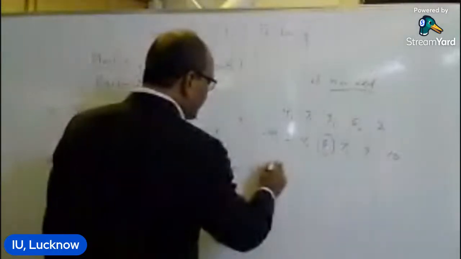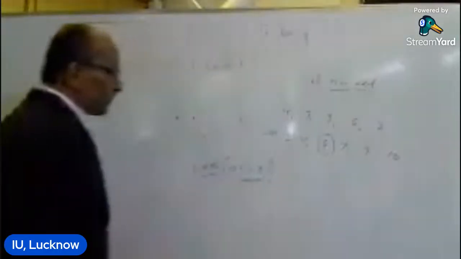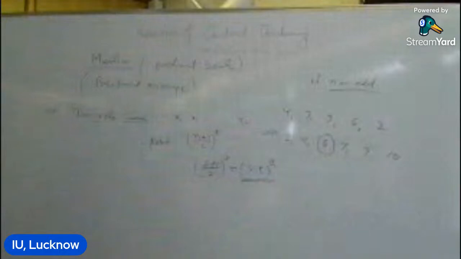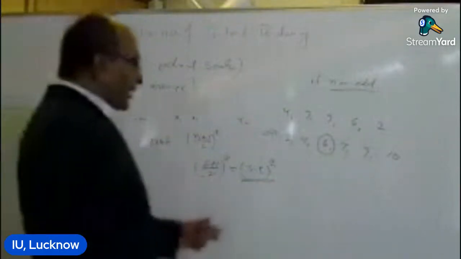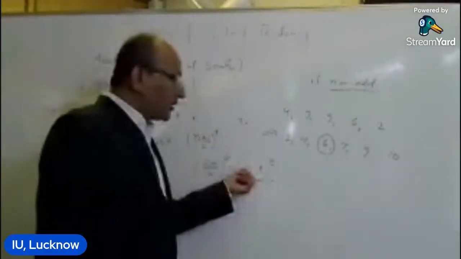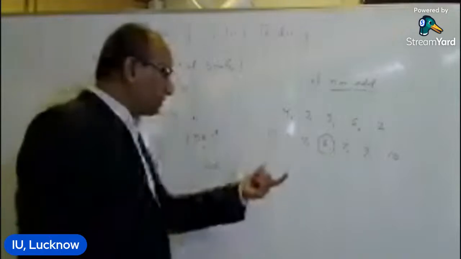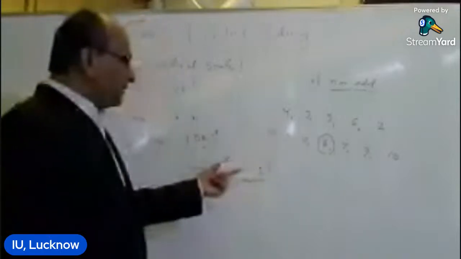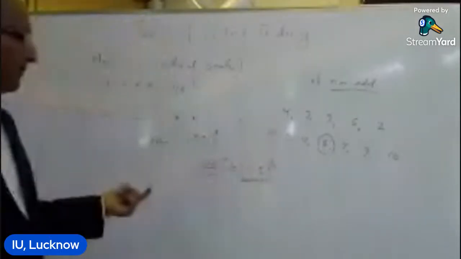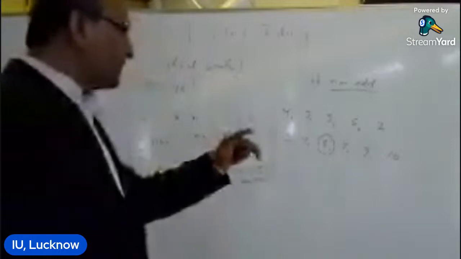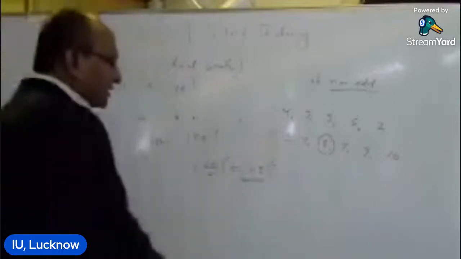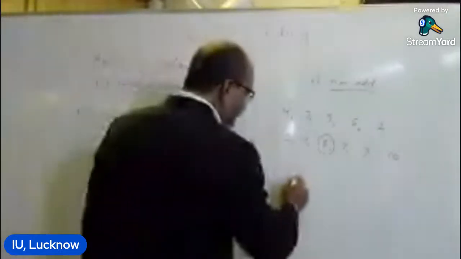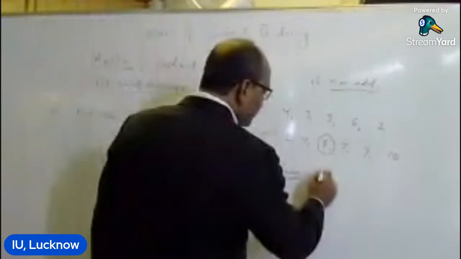This is the position, 3.5. 3.5 means the value which lies between the third position and fourth position. 3.5 means third and 50% between third and fourth. So this can be written as third position plus 0.5.